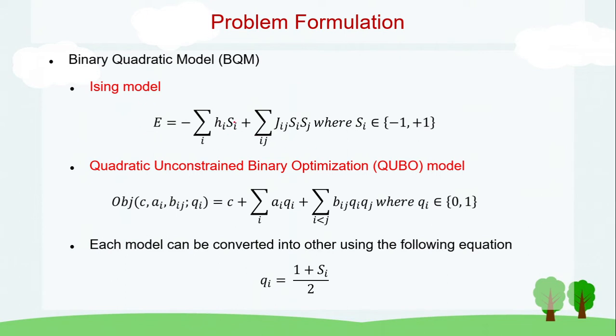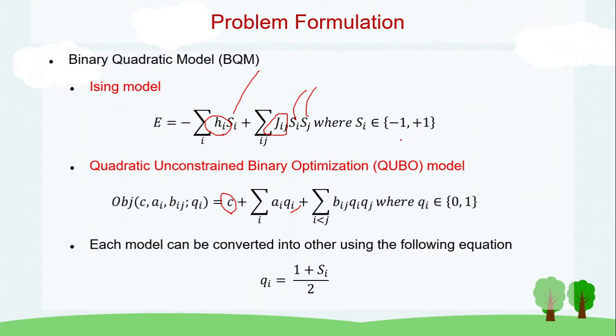So these are all the states of the atoms or states of the qubits. Then you multiply with the constants, sum them up, then try to minimize it. That's all you will do. In the QUBO model we have the same approach, except that there is one additional constant term, and the state of the qubits we represent as 0 and 1, which we are familiar with.